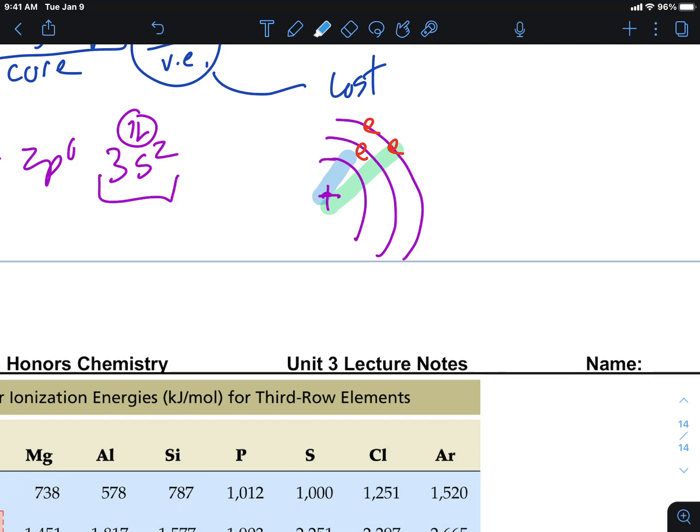When I try to remove an electron from energy level 3, it's a lot farther. It makes sense that it's easier to remove the ones that are farther. But after I've pulled off the 2 valence electrons here, right, after I've pulled off these guys right here, and now I want to try to reach into the 2p subshell, that's not happening because energy level 2 is so much closer than energy level 3. Case in point, you cannot remove core electrons, only valence electrons.